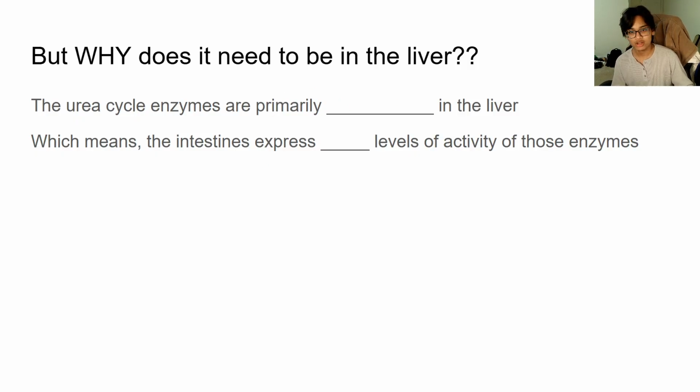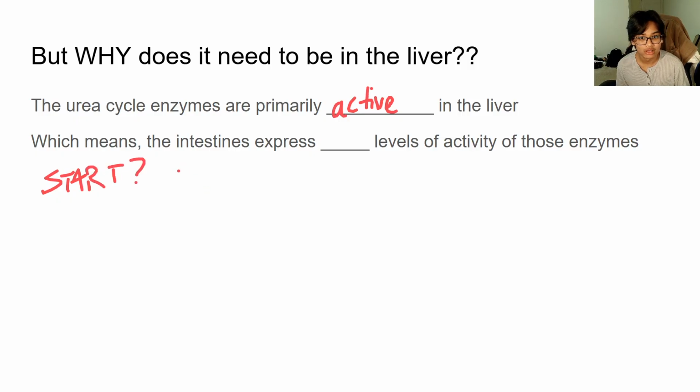The urea cycle enzymes, the ones that break down the ammonia, are primarily active in the liver. And remember, we start in the small intestine.